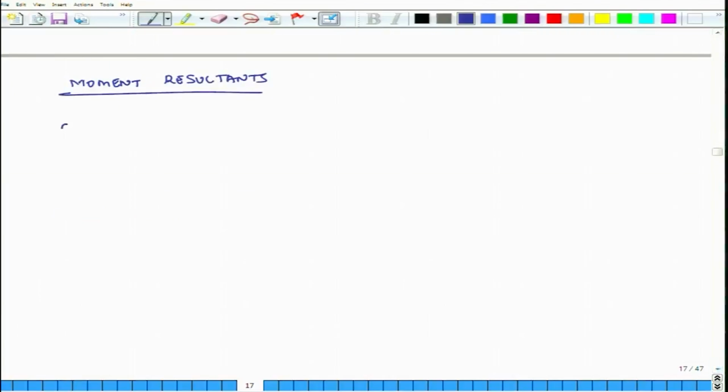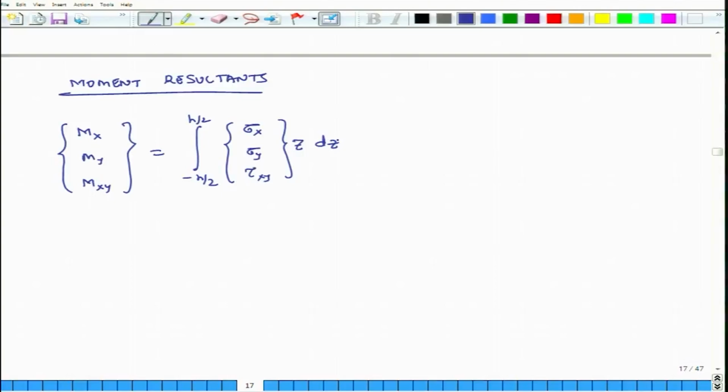So, how do they look? We know that the moment resultants Mx, My, Mxy are nothing but the integral from minus h by 2 to h by 2 of sigma x, sigma y, tau xy times z dz. Or in short, we can say the moment resultant vector is equal to the integral from minus h by 2 to h by 2 of the stress vector times z dz.